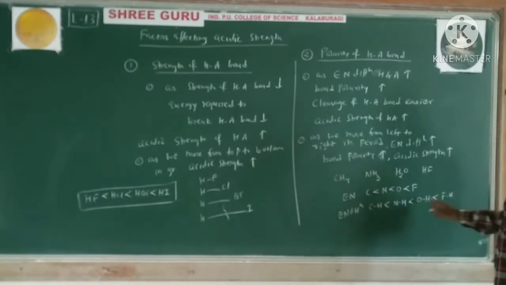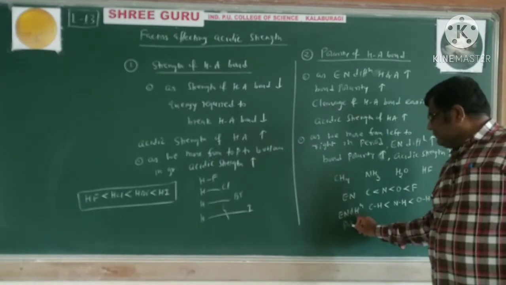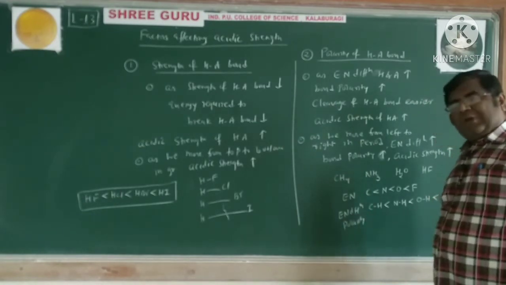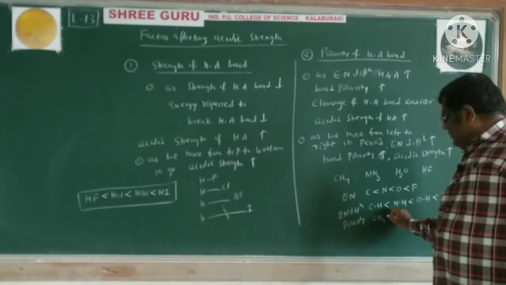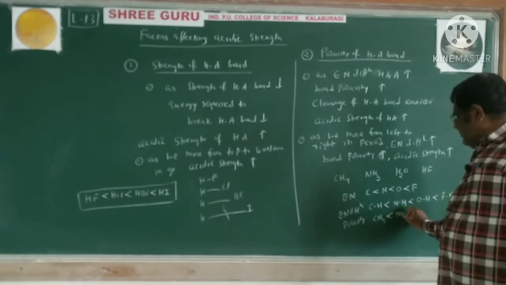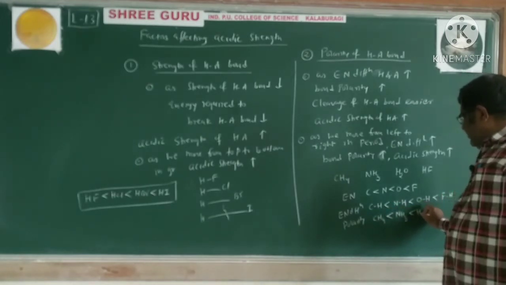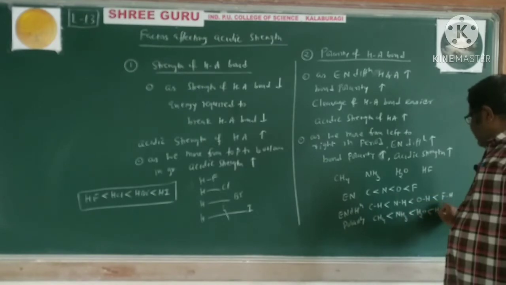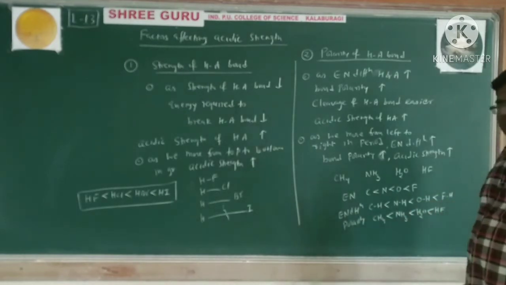More electronegativity difference is here. So bond polarity is less in methane than ammonia, than H2O, than HF.